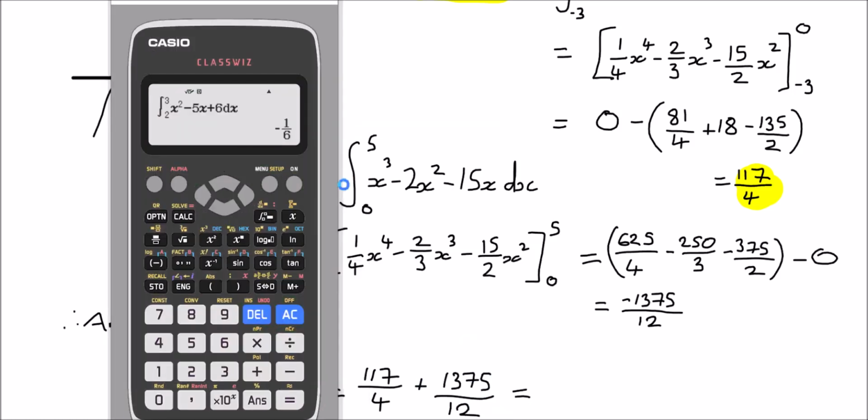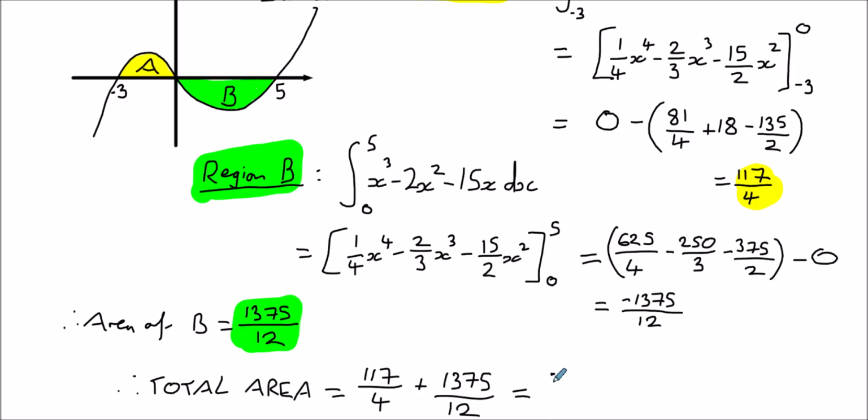So if you add these two bits together, 117 over 4 plus 1375 over 12, that gives us a total exact area of 863 over 6. We can leave this in exact form here. We don't need to round it to significant figures.